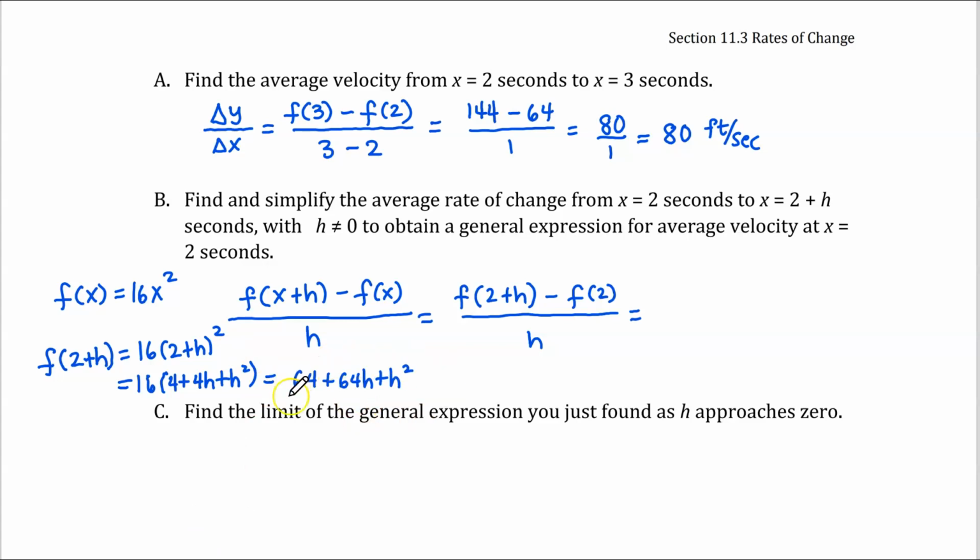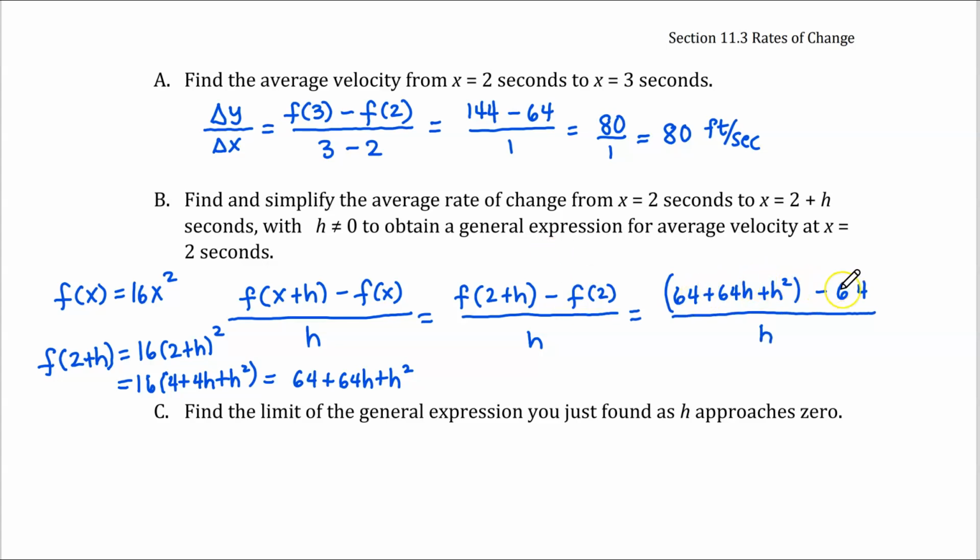Now this would be the expression that we're going to use to replace this. So we have 64 plus 64h plus 16h squared, quantity, that's for f of 2 plus h. And f of 2 is equal to 64 from our previous result, or from the graph, divided by h.